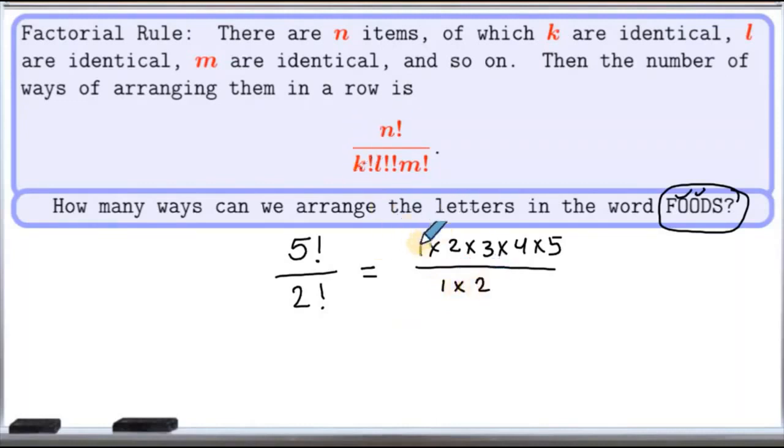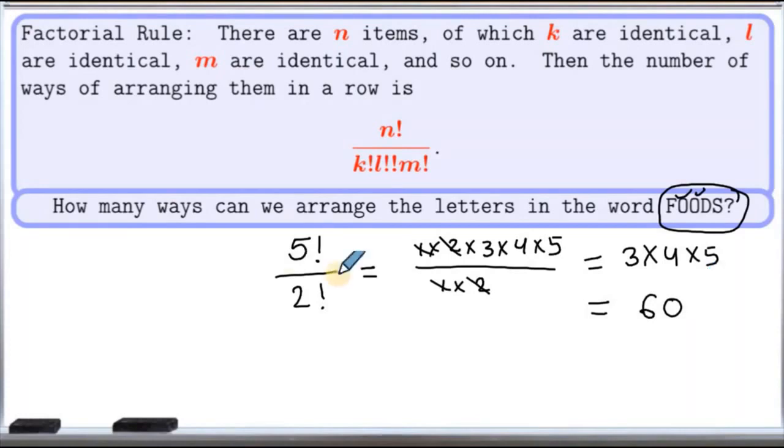Here we can cancel out 1 and 2. Now we are left with 3 times 4 times 5. 3 times 4 times 5 is 60. Therefore, we can have different rearrangements of these letters, F-O-O-D-S, foods, in 60 ways.